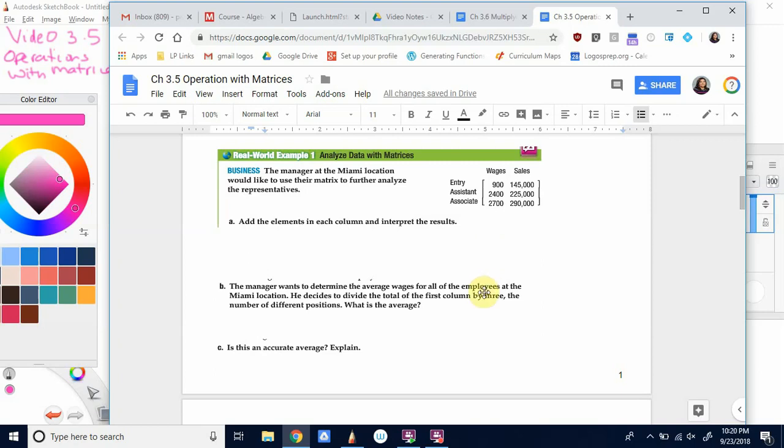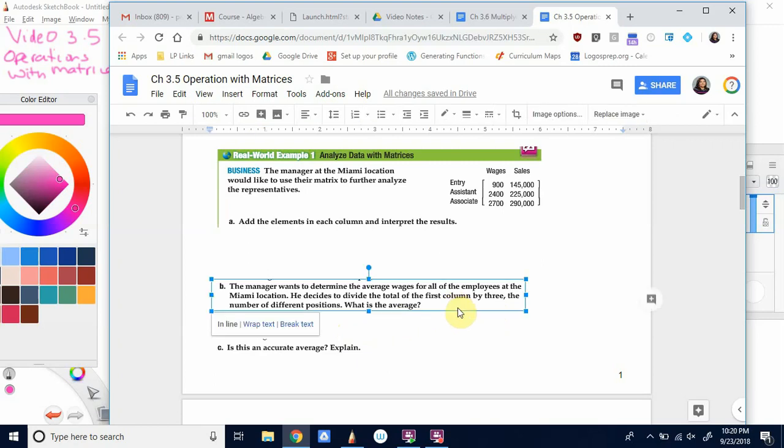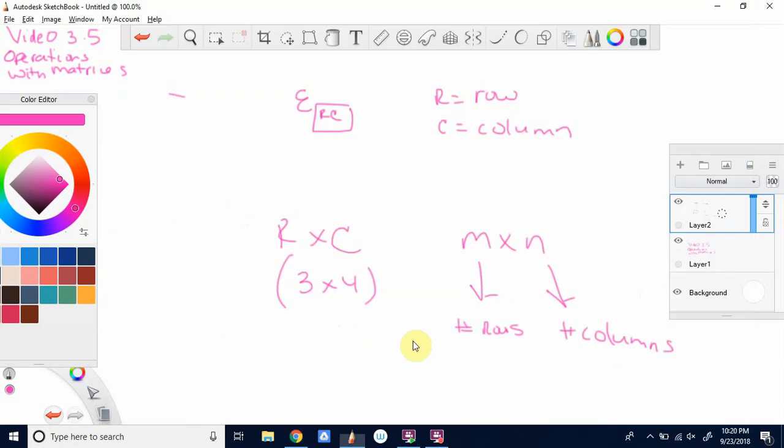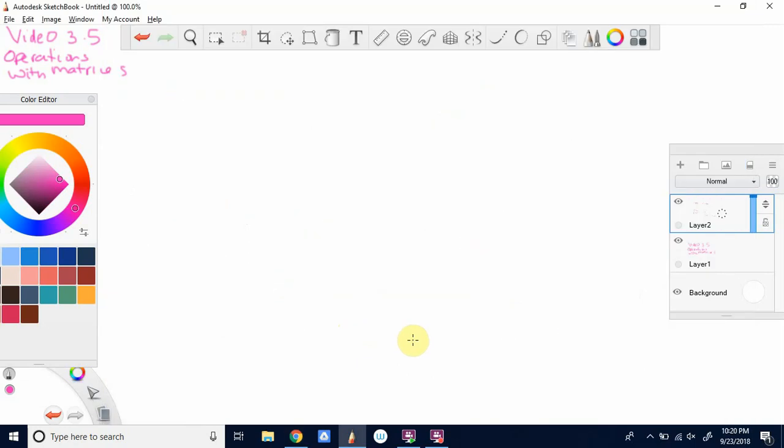Part B says the manager wants to determine the average wage for all of the employees at the Miami location. He decides to divide the total of the first column by 3, the number of different positions. So what is the average? We said the total was 6,000, so we're going to have 6,000 divided by 3, and we get $2,000.